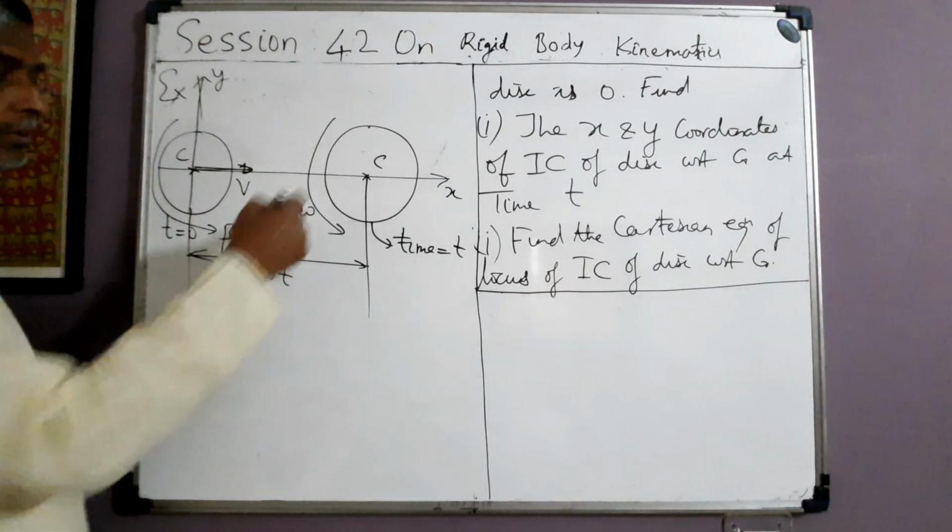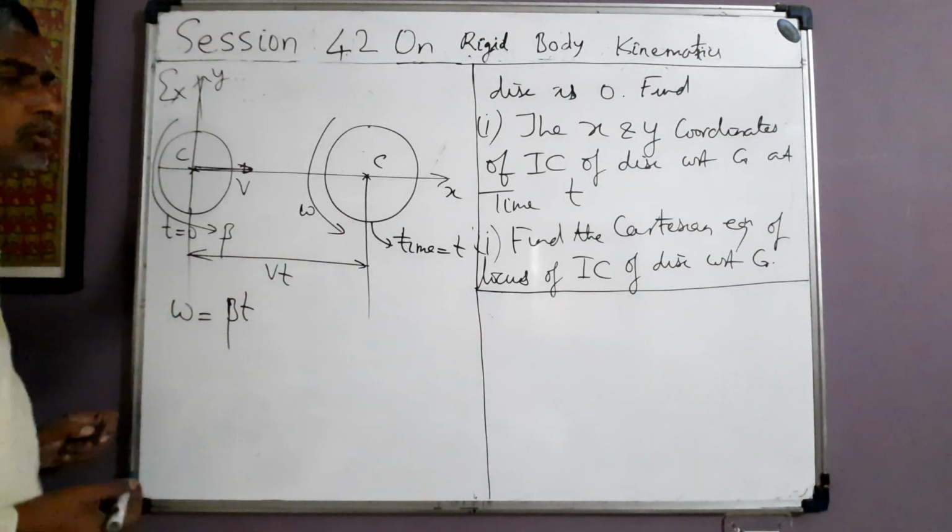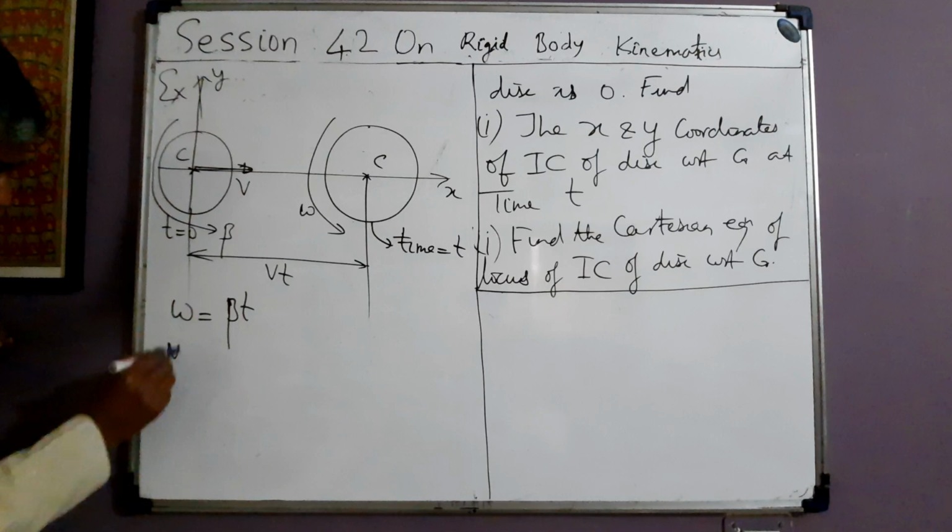So now we have to determine the IC of this disk, the coordinates of IC at time t. This can again be solved with different methods. I first solve with method 1.